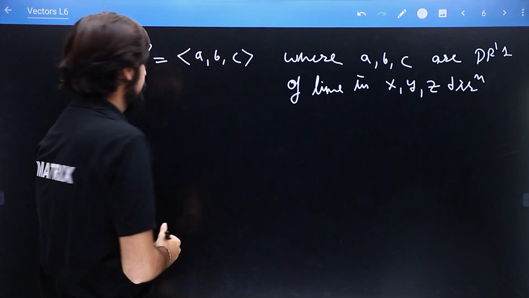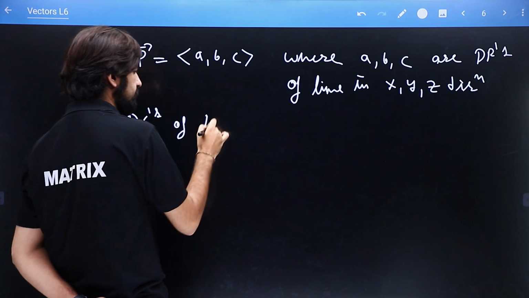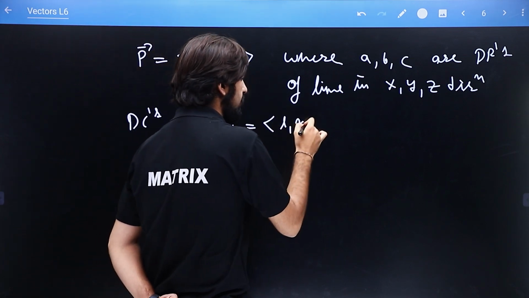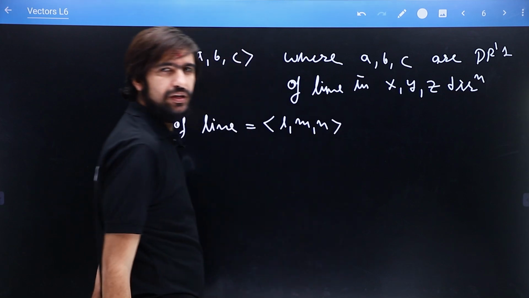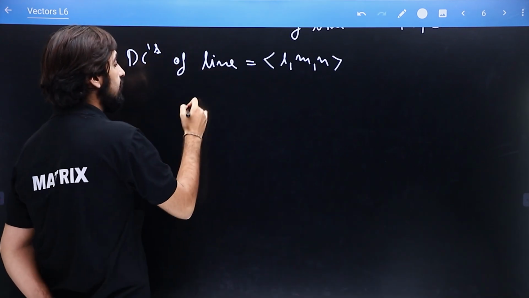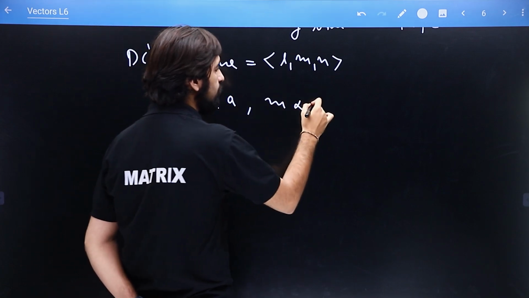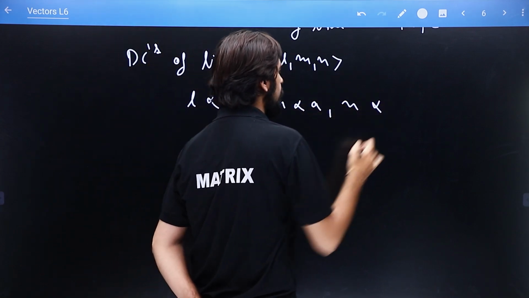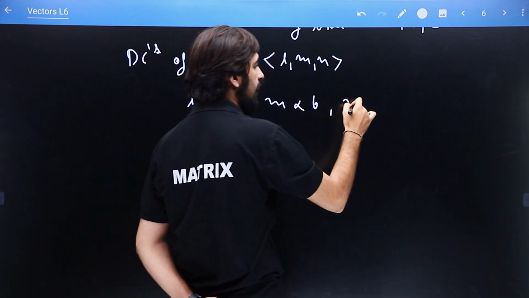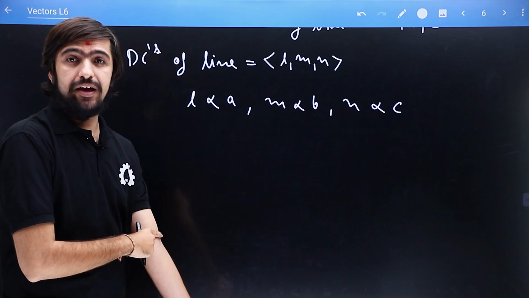But what if you are given DCs of the line? That will be L comma M comma N. So as simple as that, you have already written that L is proportional to A, M is proportional to B, and N is proportional to C. And when we remove the proportionality constant, we have the same constant.